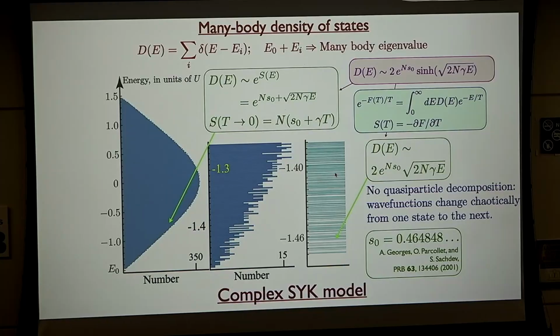But all the other particles really far away don't change at all. So the change from one state to the next is rather small. It's only adding and removing particles or quasi-particles here and there. Here, everything changes. All the particles are different between one state and the next. That's what I meant by chaos.